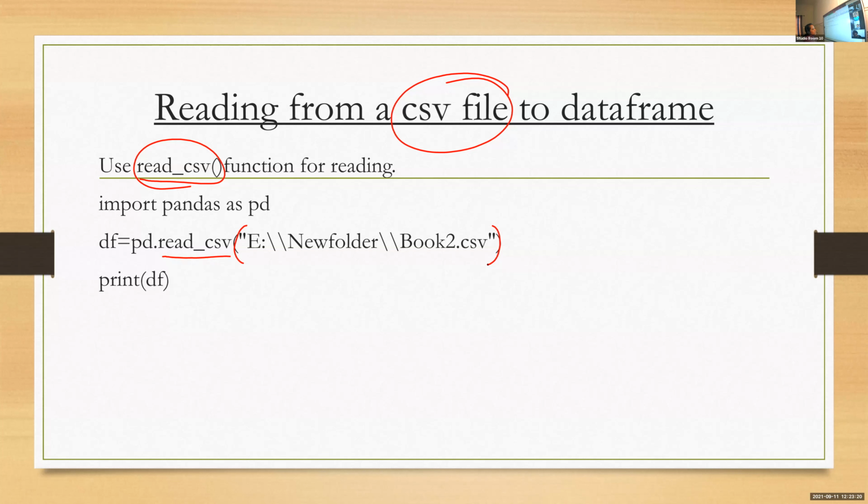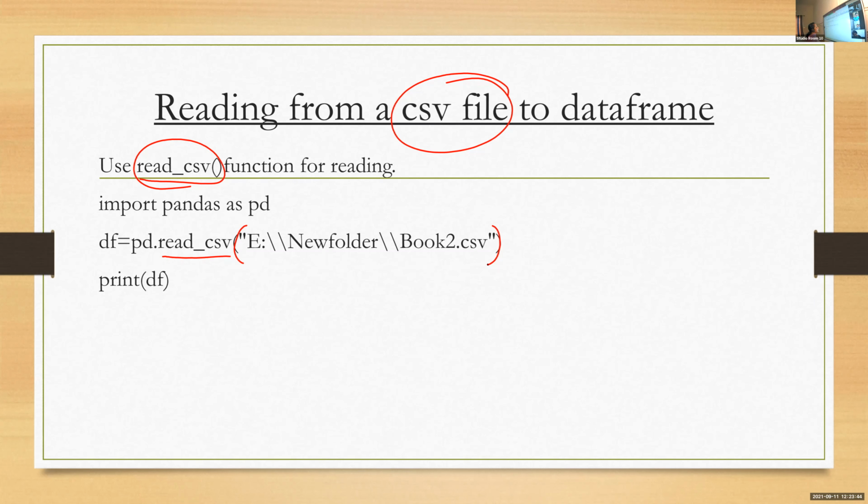Okay. So at the time of creation, we just open one Excel sheet and save that Excel sheet in the form of CSV. Type the location of that CSV file here. That means I want to read the content of this book2.csv using the function read_csv.